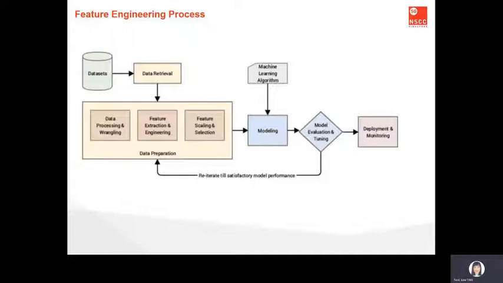Next, you work on feature engineering and feature selection to select the important predictors for your machine learning algorithms. Use the different algorithms and you do evaluation of the different algorithms and you tune the different parameters. The best model will then be deployed.